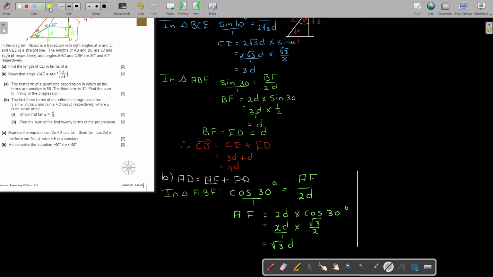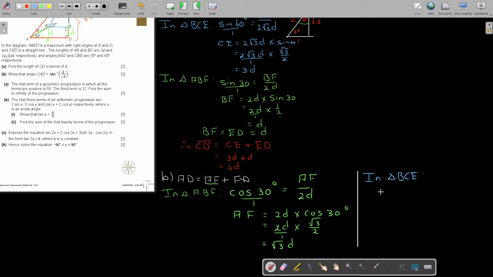Okay, then I'm going to say, and I'm in the blue triangle again. So I'm going to say in triangle BCE, and now I want to find BE.